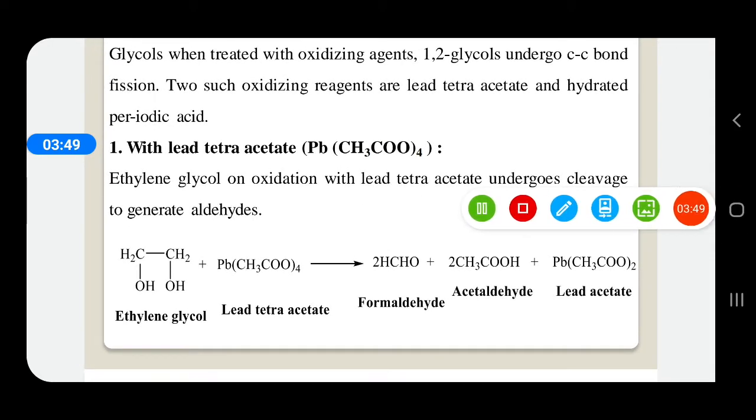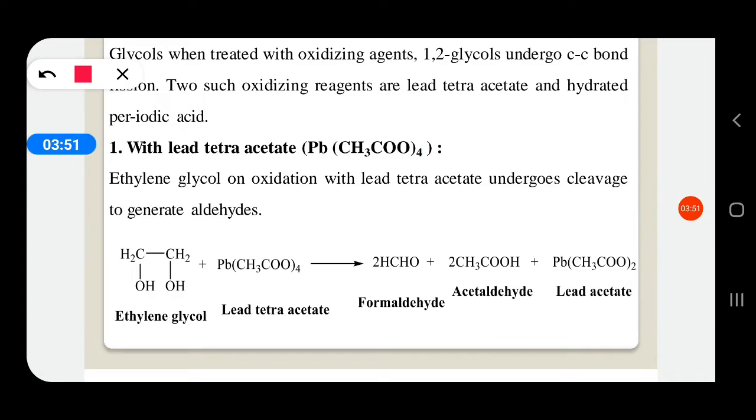Ethylene glycol on treating with lead tetraacetate undergoes oxidation. The carbon-carbon bond undergoes cleavage. Both the CH2OH carbons undergo oxidation and give formaldehyde.